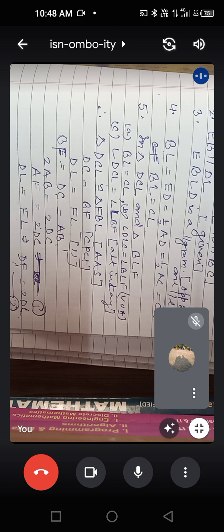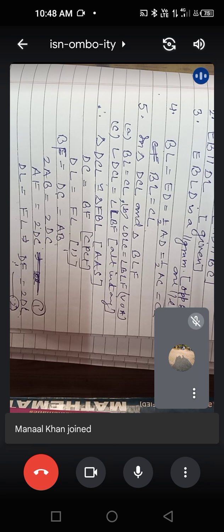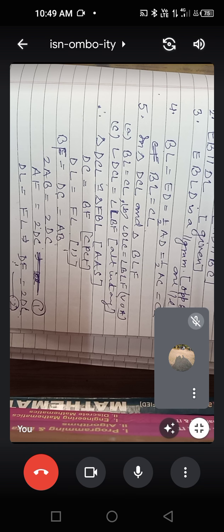Any point M not lying on PQ or RS is joined to Q and S.